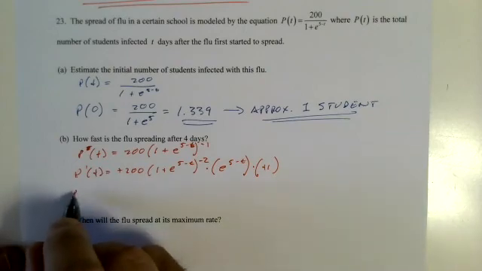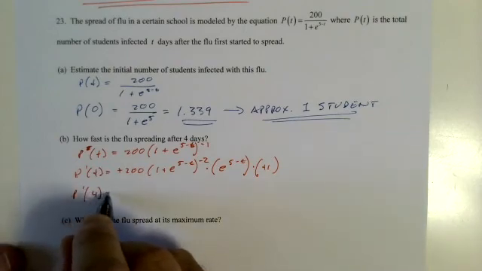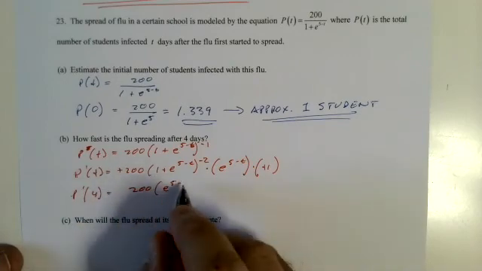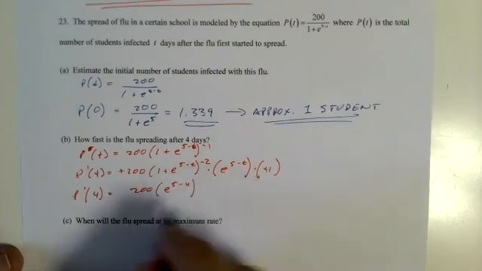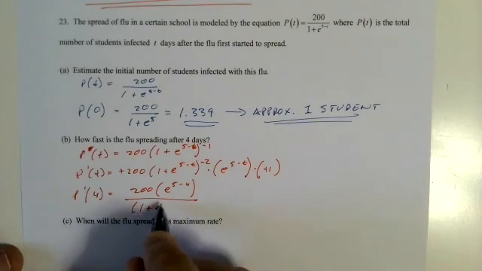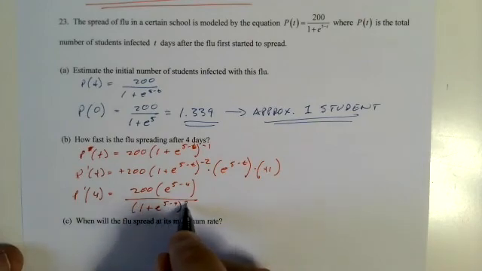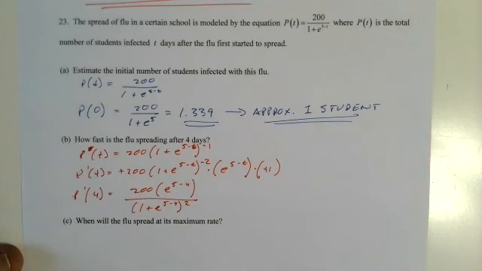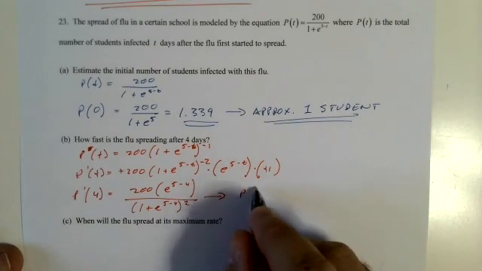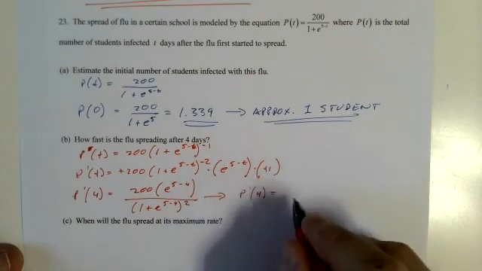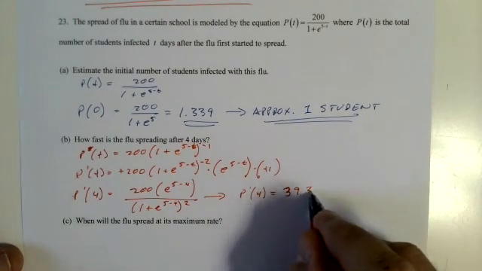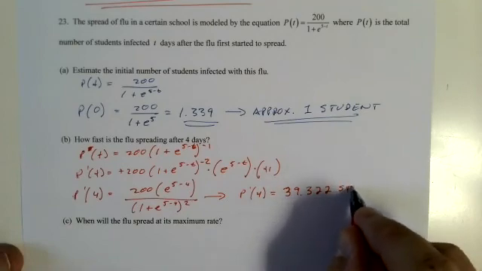P prime of t equals, I'm going to combine 2 steps here, 200 e to the 5 minus 4 over 1 plus e to the 5 minus 4 squared. P prime of 4 equals 39.322 students per day.